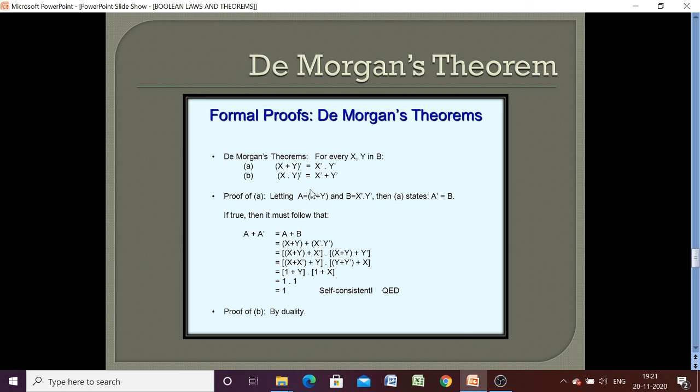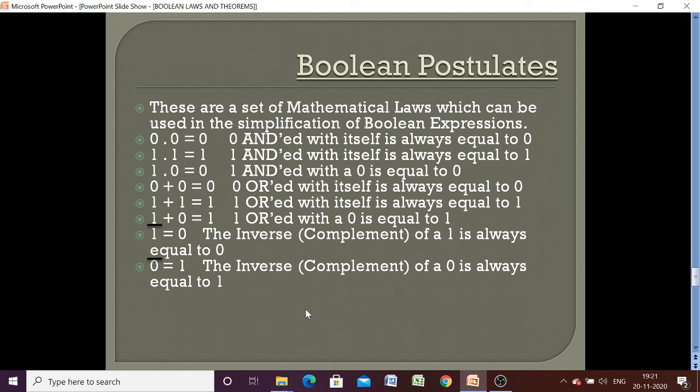Now the second statement can be proved in a similar way, or you can just write that it can be proved by the principle of duality. So already we have seen some important laws and theorems. Some postulates are there which we already discussed in the previous video, where we discussed logical operators and logical circuits.